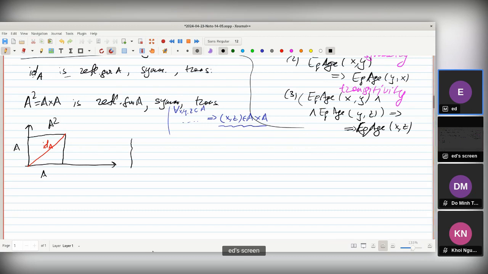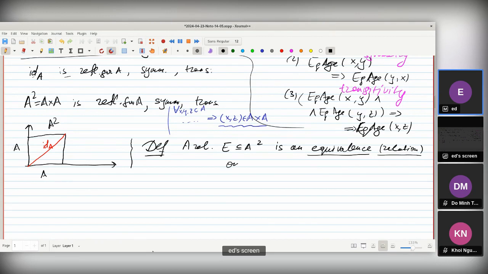By the way, let us give a formal definition. We say that a relation E on A is an equivalence, or sometimes they say equivalence relation, on A if and only if these three properties hold.